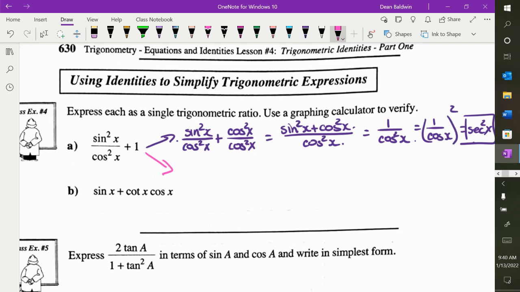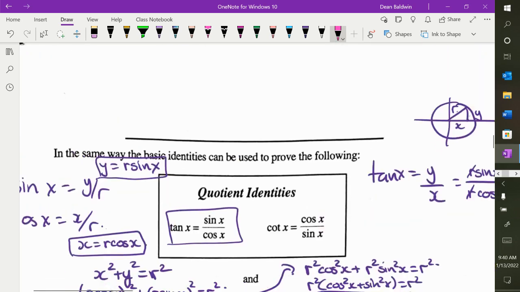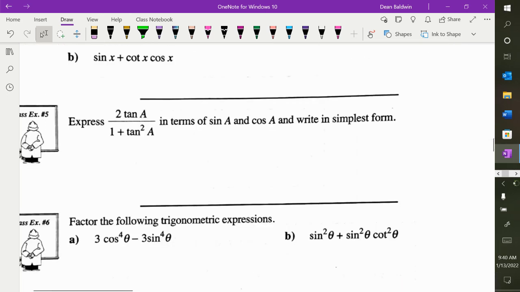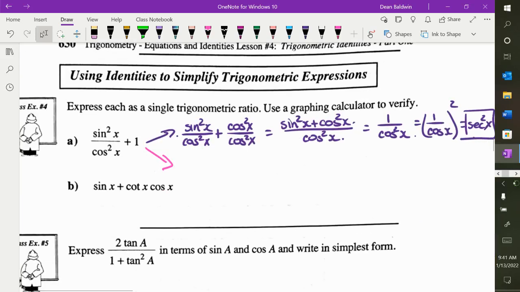So, what's sine squared over cos squared? Tan squared, because tan is sine over cos, so if I square it, I'm squaring the whole thing. So sine squared over cos squared is tan squared, and you still have the plus 1.